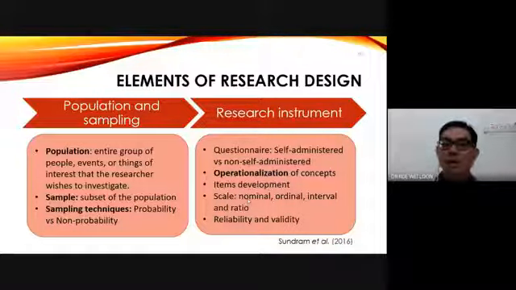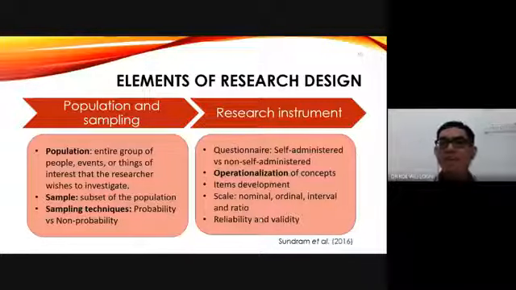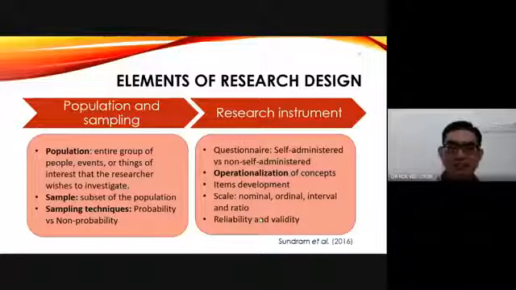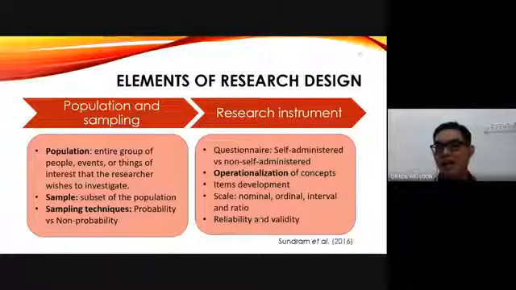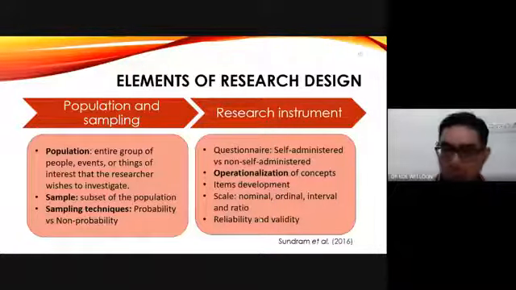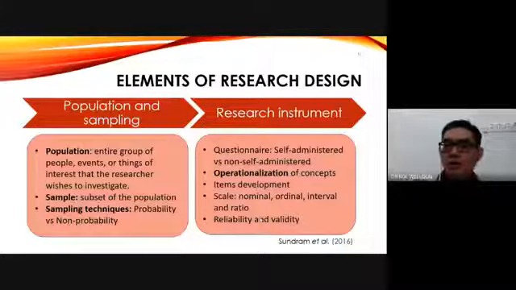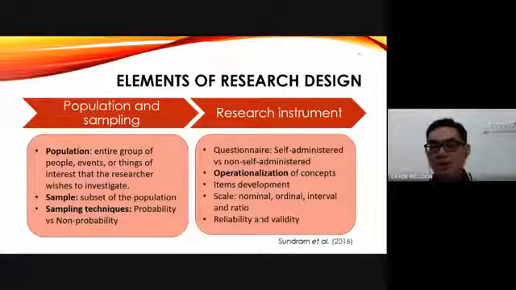For example, you define satisfaction. Let's say you define satisfaction as how happy people are, the feeling of people and so on. So that is how you define satisfaction in chapter 1. So in your research instrument, the questions that you ask about satisfaction have to be something related to happy, something related to good feeling and so on.